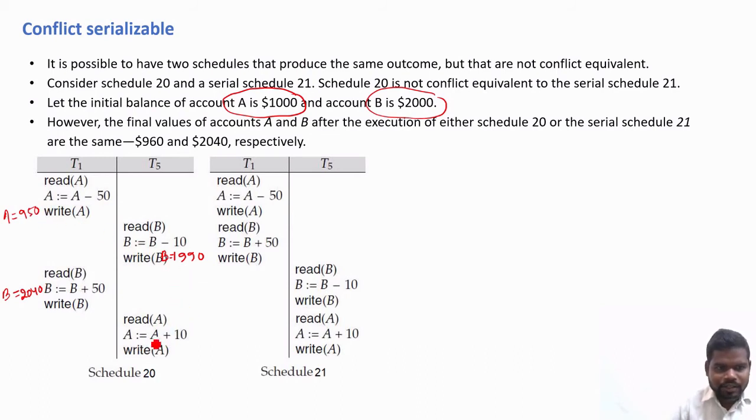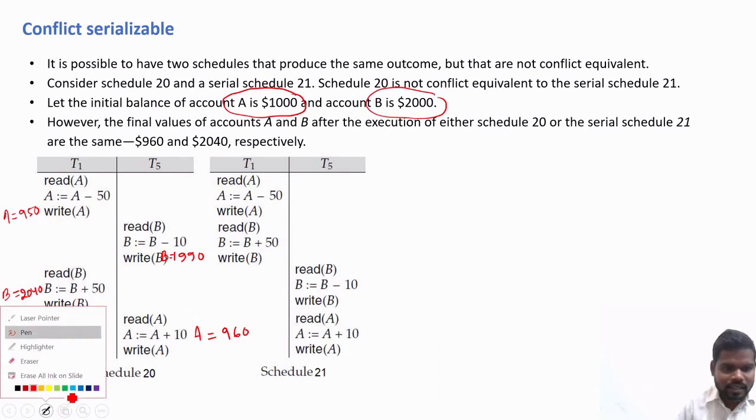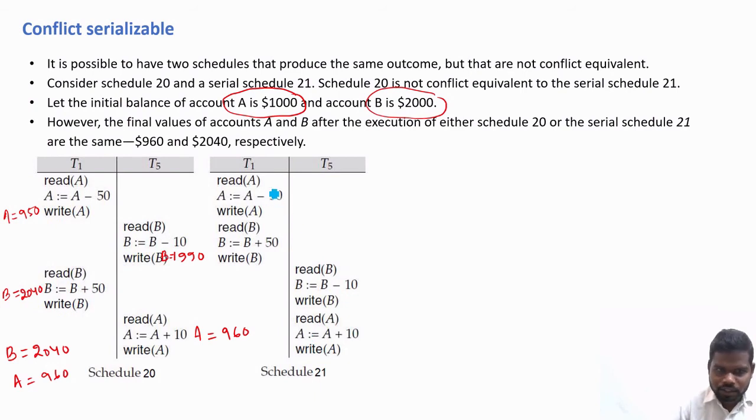Then A is equal to A plus 10, that is 950 plus 10, so A is equal to 960. This will be written. So the final value of B for schedule 20 is 2040, and A is equal to 960. Now let us execute schedule 21 in this way.